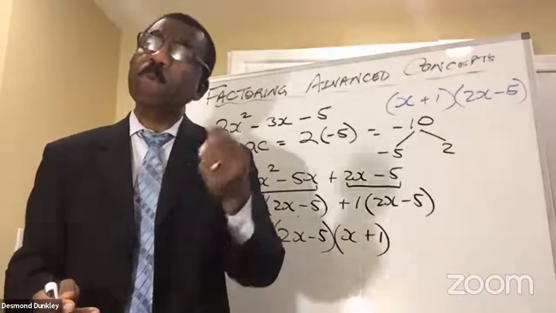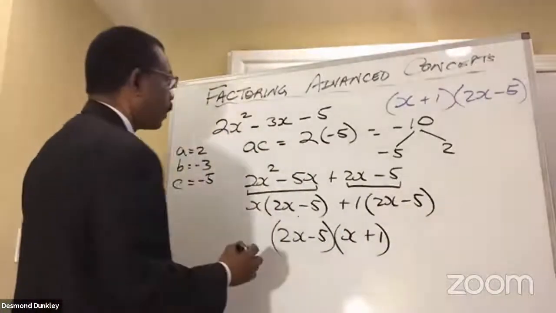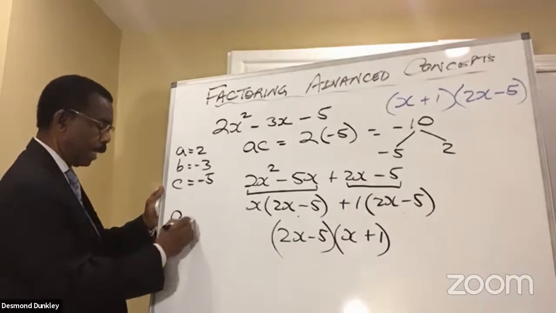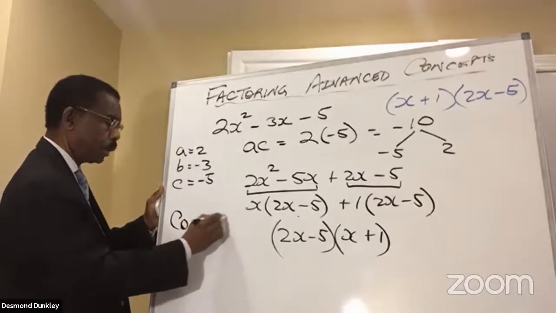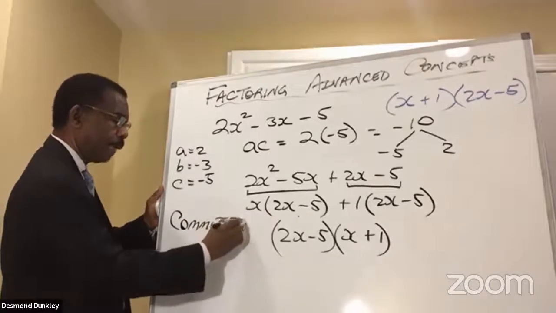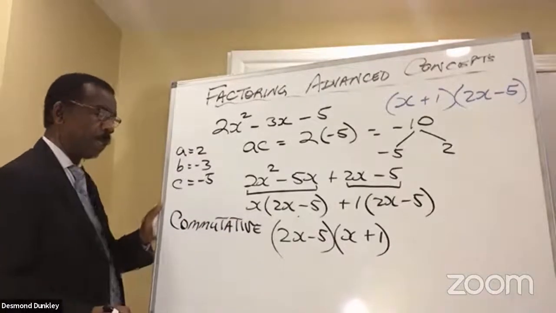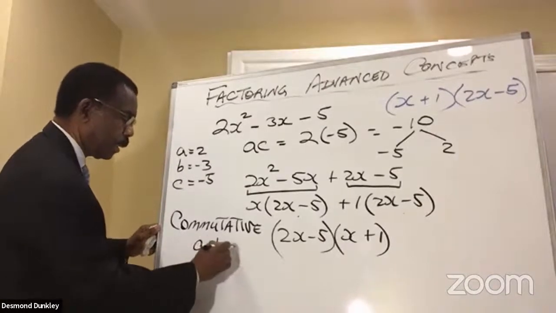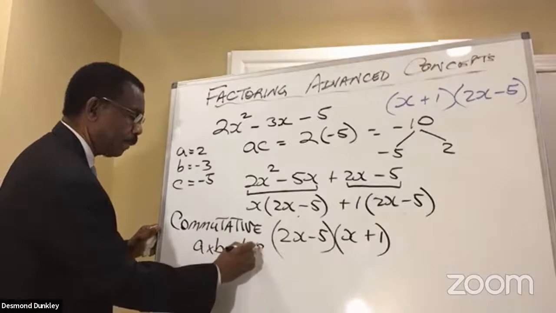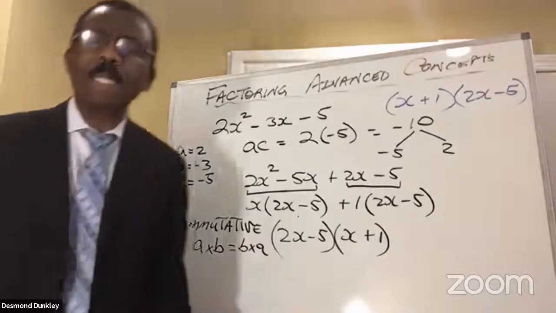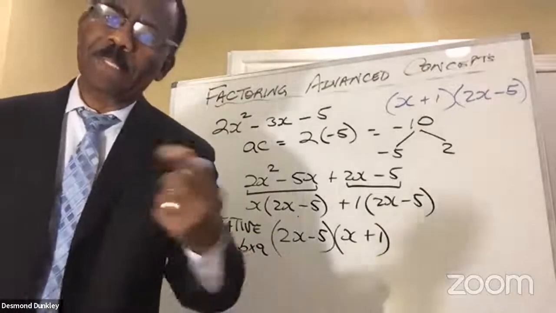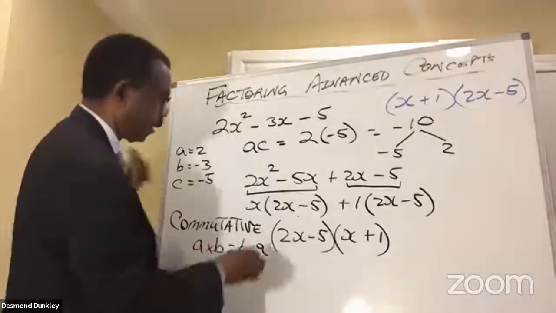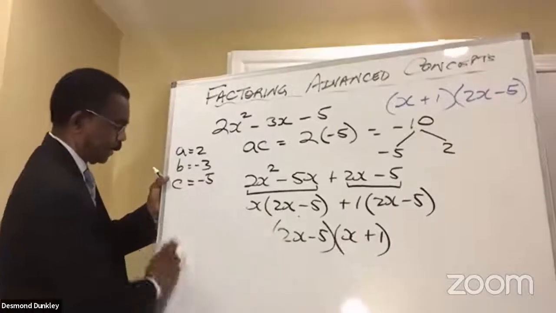It's called the commutative property, spelled C-O-M-M-U-T-A-T-I-V-E. The commutative property of multiplication: A times B is always equal to B times A. The order is not important. You still get the same result. Okay? Let's try one more example, and then I think you're pretty good with the AC dance.